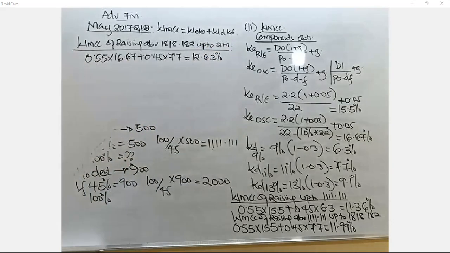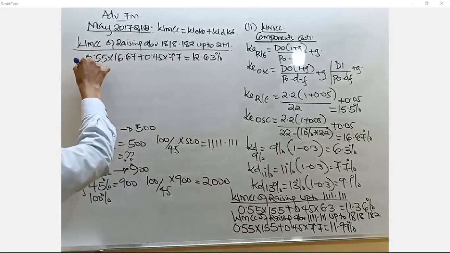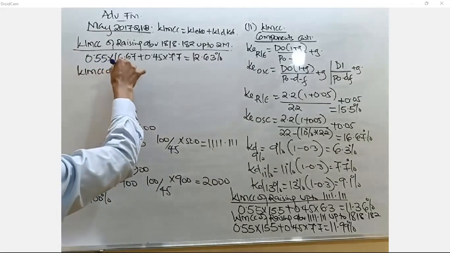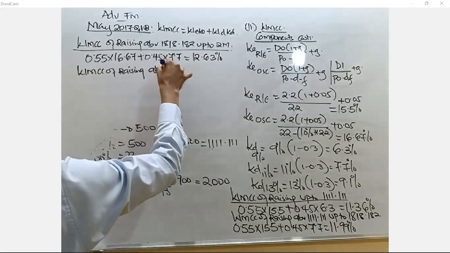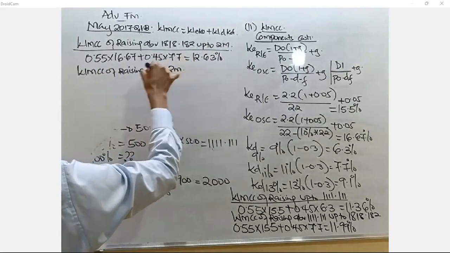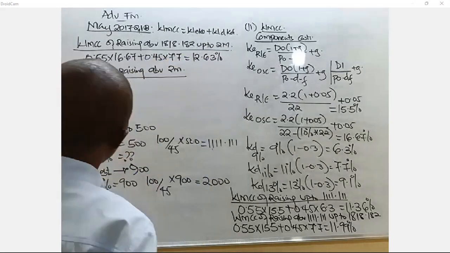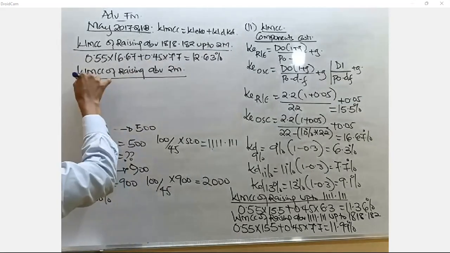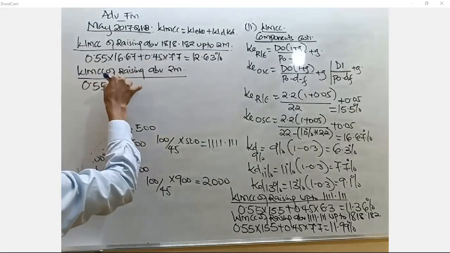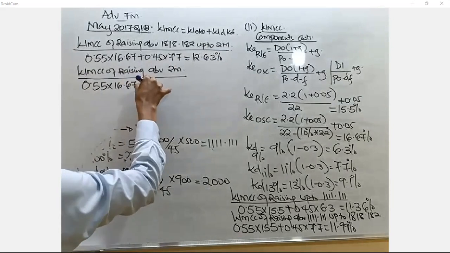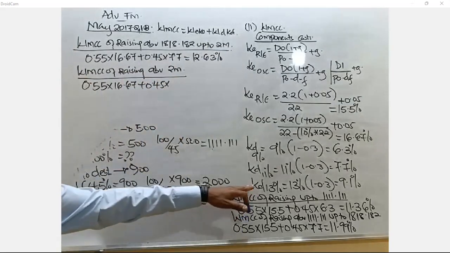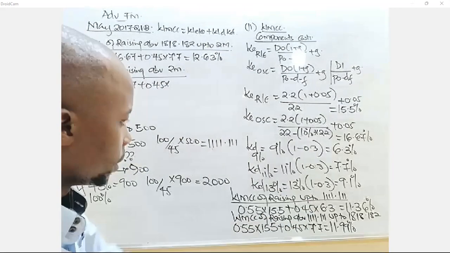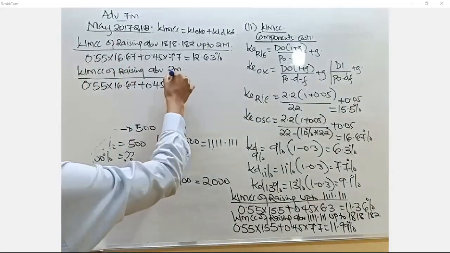Now let us look at the WMCC of raising above 2 million. If we need more than 2 million, where are we going to get that money? Let us take the expensive sources: 16.67 plus 0.45 times the cost of debt above the 2 million, which we can now use the 10%, which is 9.1%.